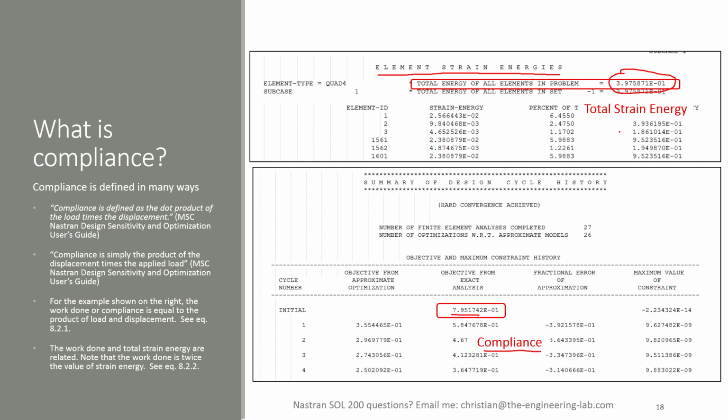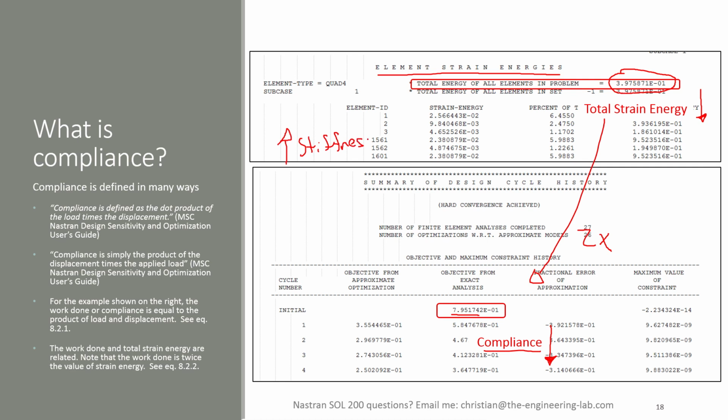So you can see that the compliance is twice as big as the strain energy. So in effect, what we're doing when we say we want to minimize the compliance, so here we'll have an arrow pointing down, we are actually minimizing the total strain energy. And of course, this is the same as saying that we're increasing the stiffness of the structure.